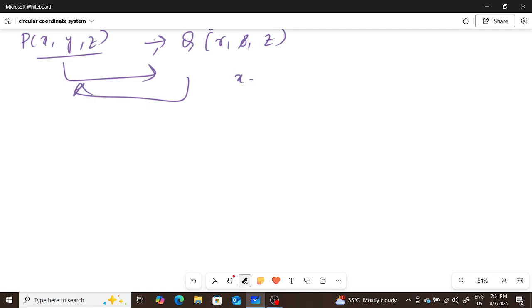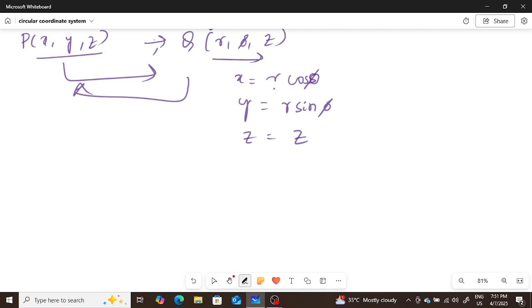If the points are given in the cylindrical coordinate system, r, φ, z, how do you find x? x can be written as r cos φ. y can be written as r sin φ. z is the same for both systems.